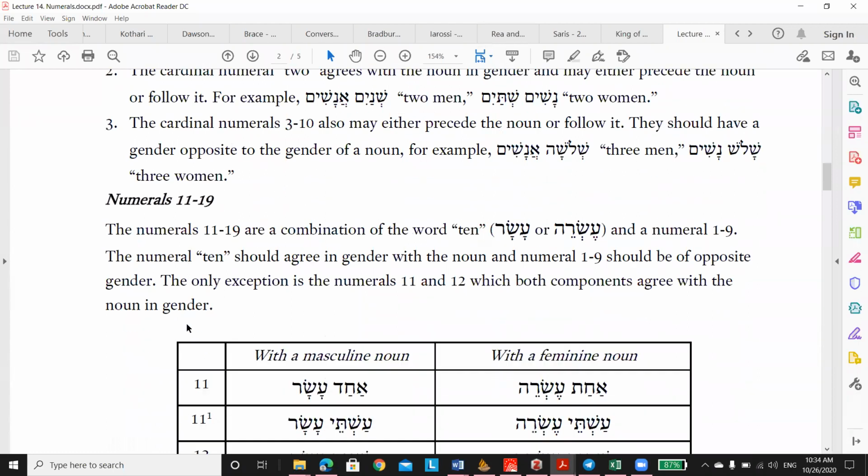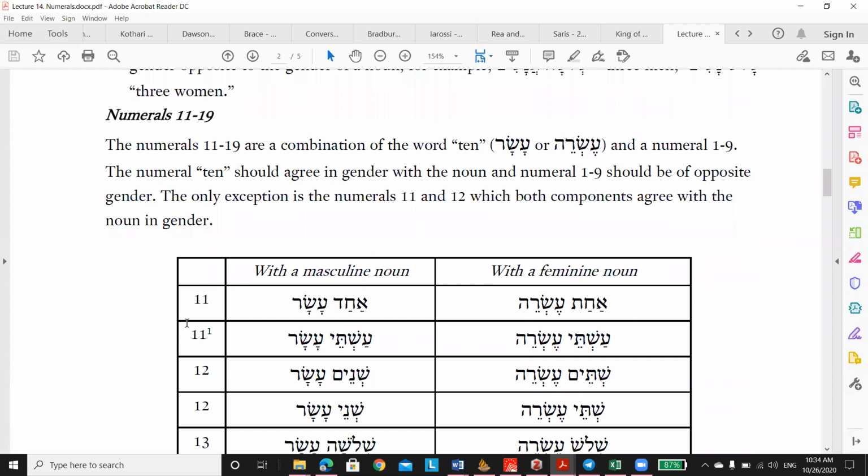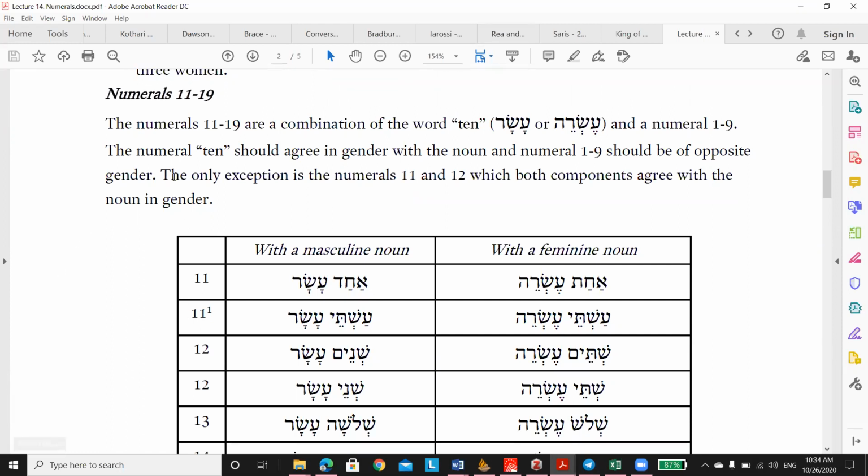Now let us look at numbers 11 to 19. And here we also have some confusions, probably not usual for us. In this case, the tens should agree in gender with the noun, and the numbers 1 to 9 should be of the opposite gender. Only those from 1 to 9 take the opposite gender.